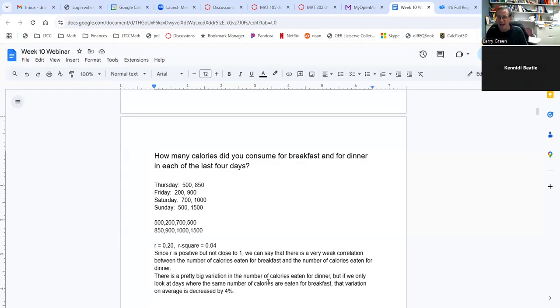Small. Yeah, it's tiny. So basically, it's meaningless if someone tells you how many calories they had for breakfast if you want to predict how many calories they had for dinner. Does that make sense? Because a 4% drop in variation doesn't really change anything meaningful. Is that clear so far?